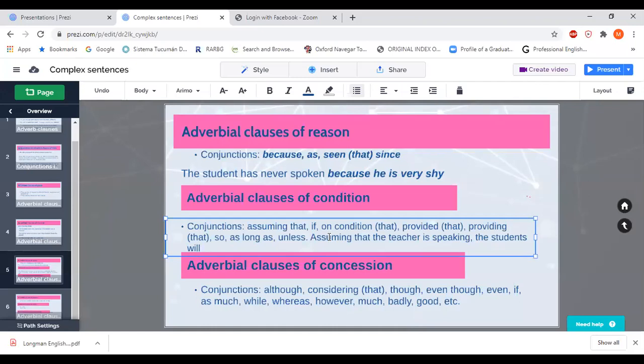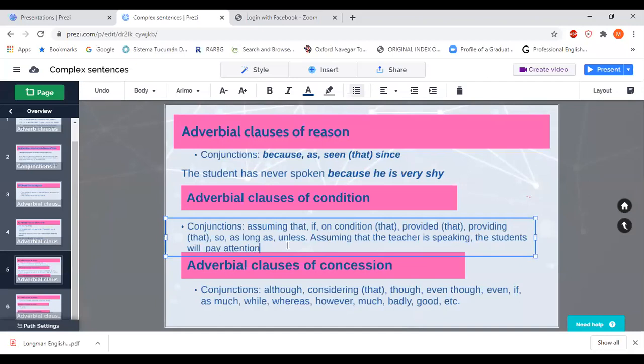Will pay attention. And in this case, there is a clear relationship between condition and result, okay? We are saying that the students will pay attention only if the teacher is speaking.